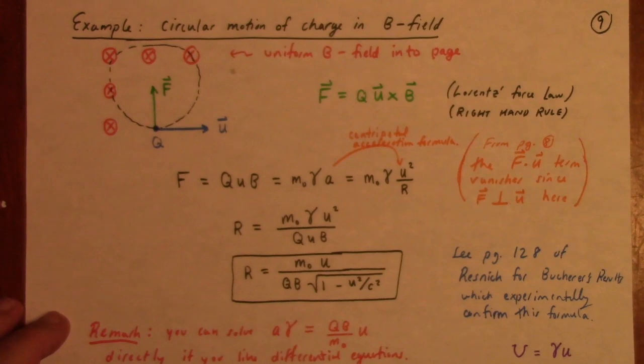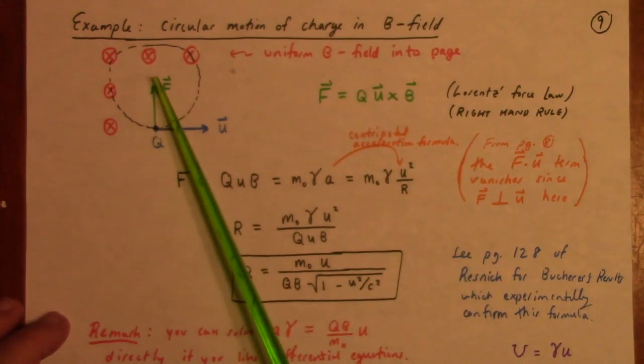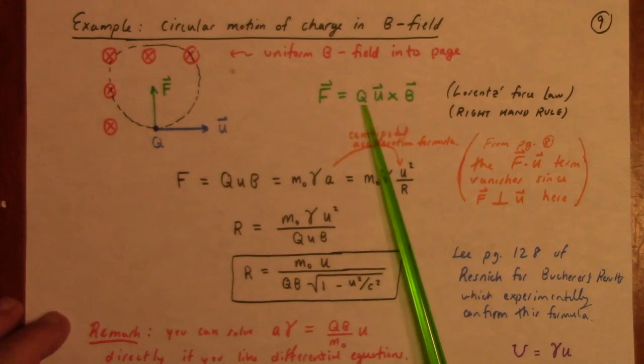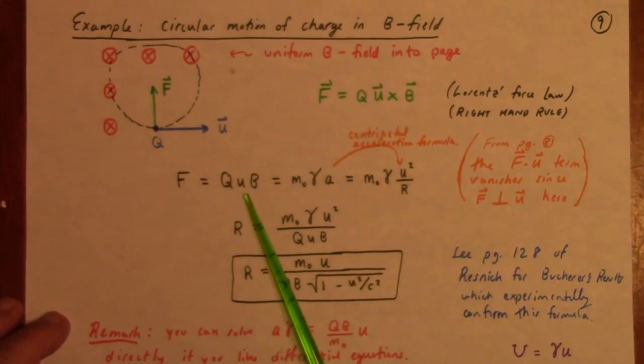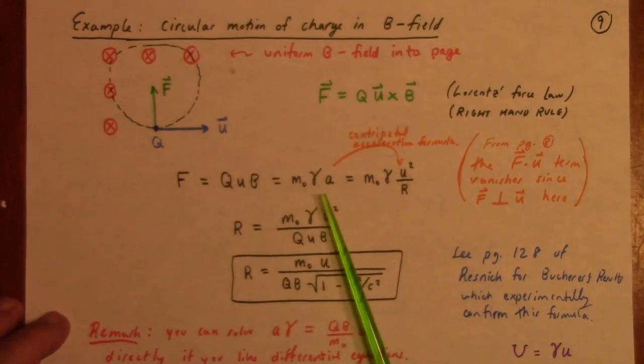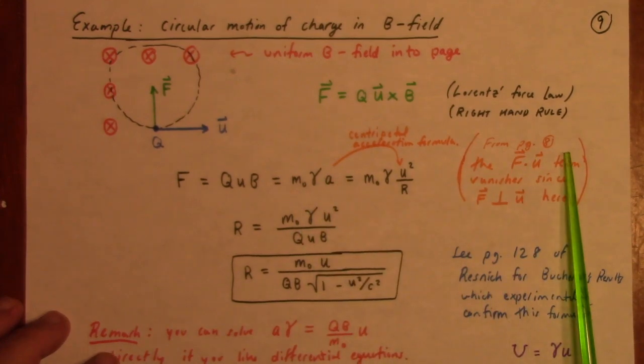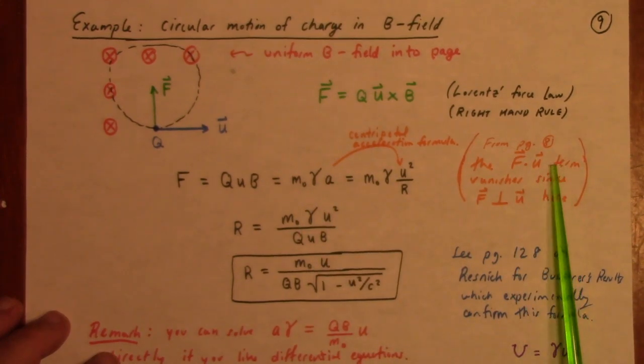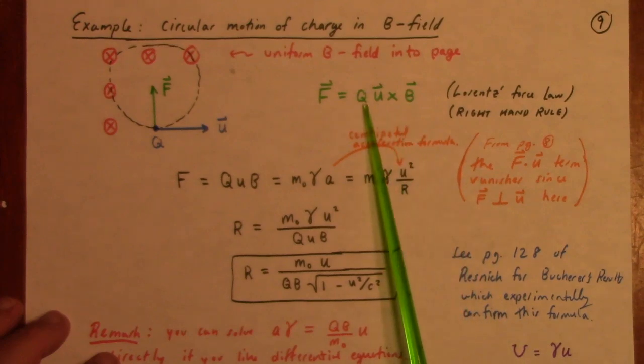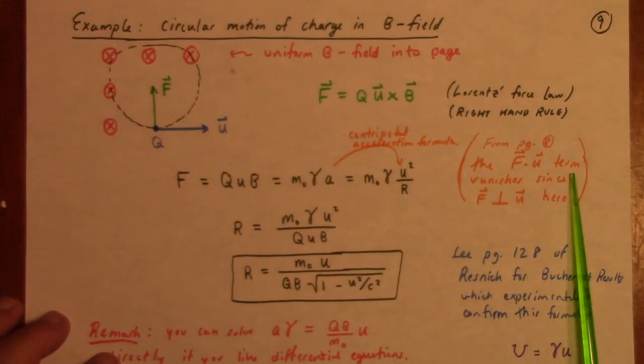All right, great. So, you know, since these things are perpendicular, q u cross B is just quB, and that's equal to m0 gamma a, because of the formula that we had on page 8, the F dot u term is gone because notice that F is perpendicular to u, so that F dot u term is 0.